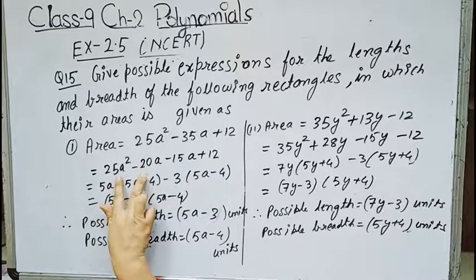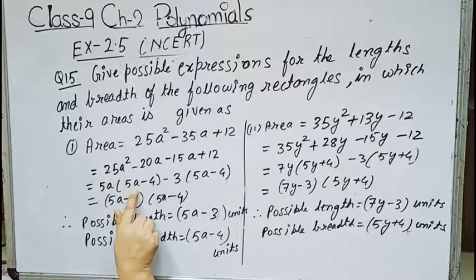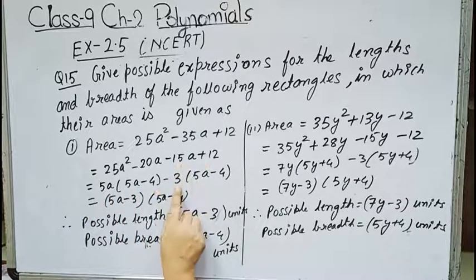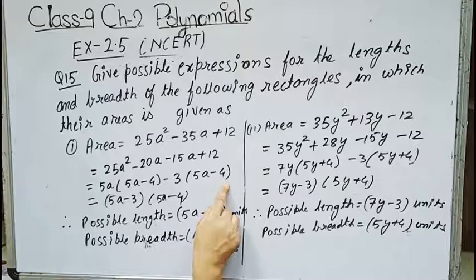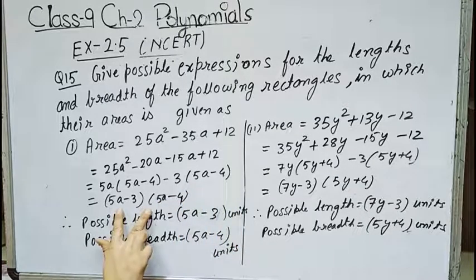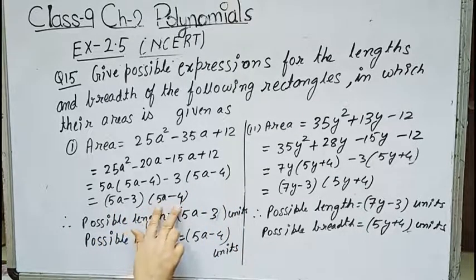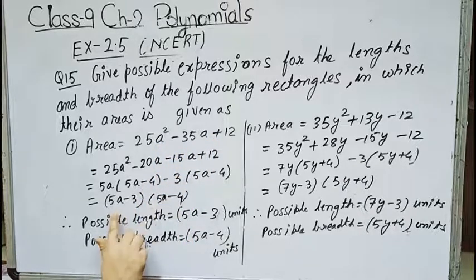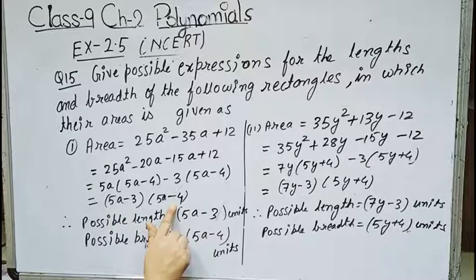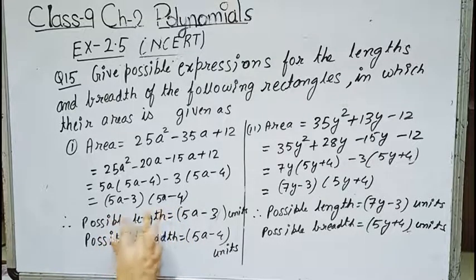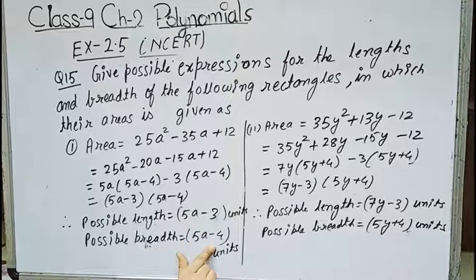So from these two, taking 5a as common, we are left with 5a minus 4, and from these two, taking 3 as common, we are left with 5a minus 4 again. Now this is reduced to (5a minus 3) into (5a minus 4). It means this area can be expressed as a product of two numbers, 5a minus 3 and 5a minus 4. If we assume the greater is 5a minus 3 and the lesser is 5a minus 4, the possible length is 5a minus 3 and the possible breadth is 5a minus 4.